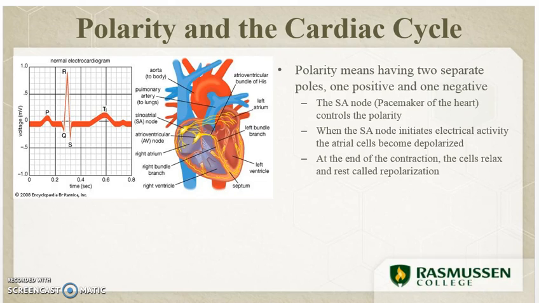That electrical impulse travels from the atria to the ventricles, and those depolarize. As the cells depolarize, the atria and ventricles contract, and blood is pushed out of the heart into the cardiovascular system. At the end of the contraction, the myocardium relaxes, and rest is known as repolarization. One depolarization and repolarization equals one heartbeat.